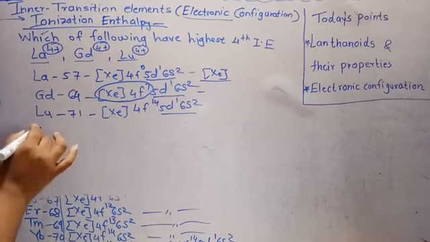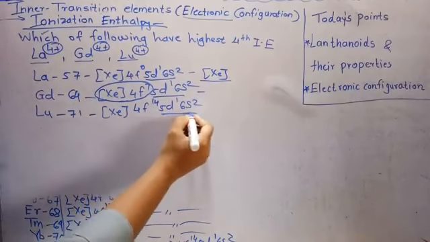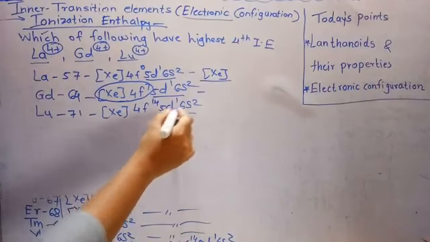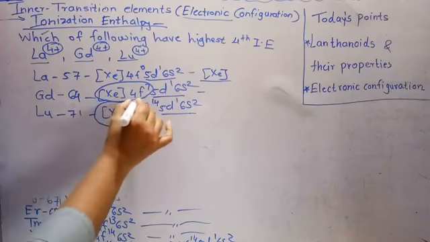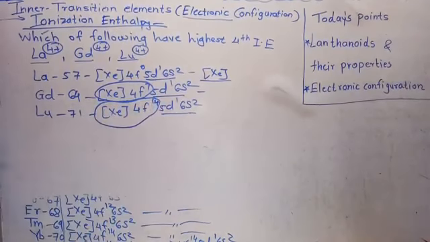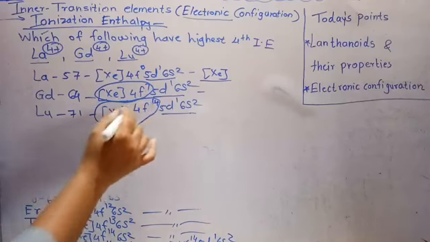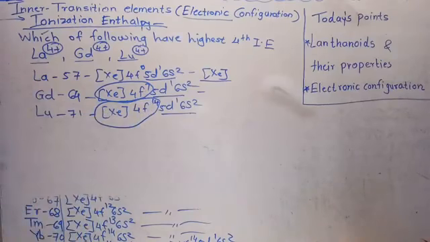Then in lutetium, after the removal of 3 electrons from 5d and 6s, a very large amount of energy is required to remove electrons from the 4f orbital because xenon 4f14 is a highly stable electronic configuration.